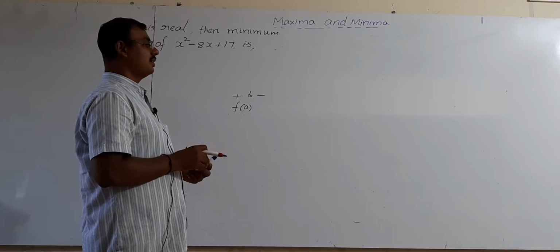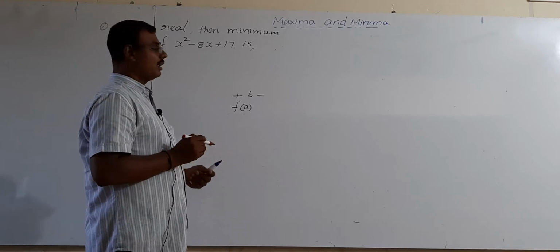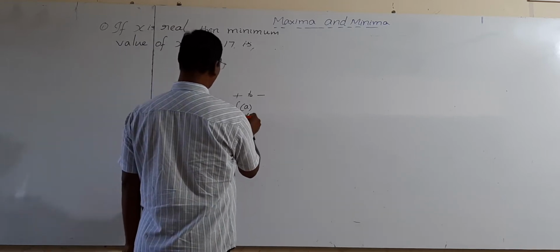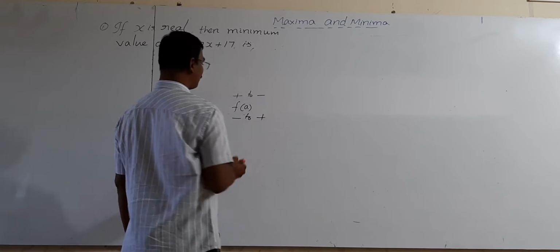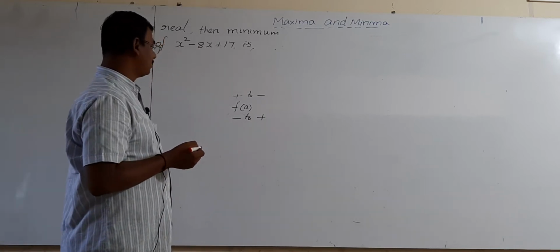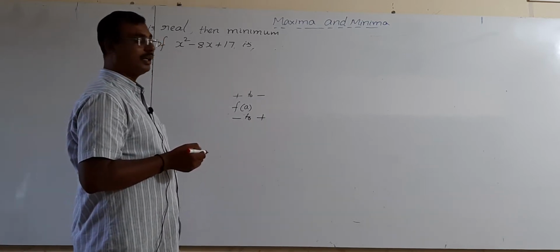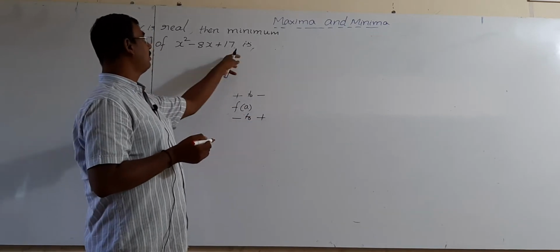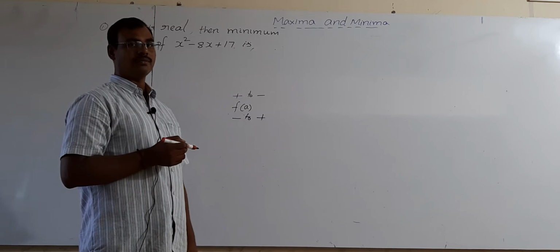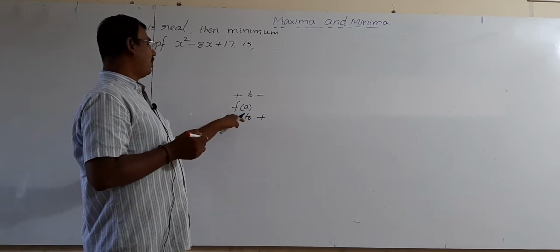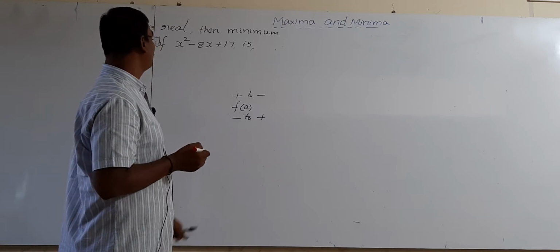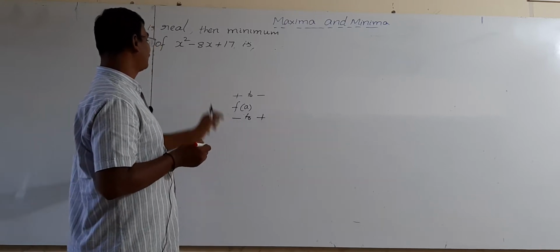Next, what is the minimum? If the sign of f dash of x changes from negative to positive at x is equal to a, then f of x has a minimum at x is equal to a. F of a is called the minimum value of f of x.